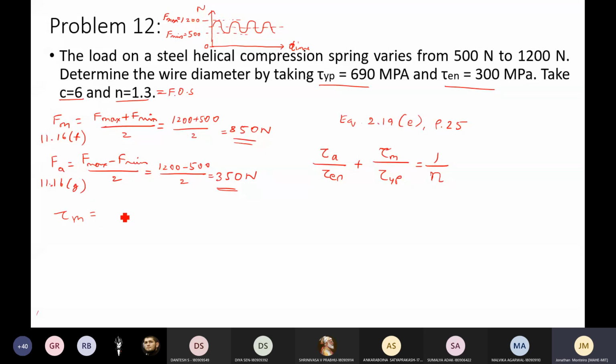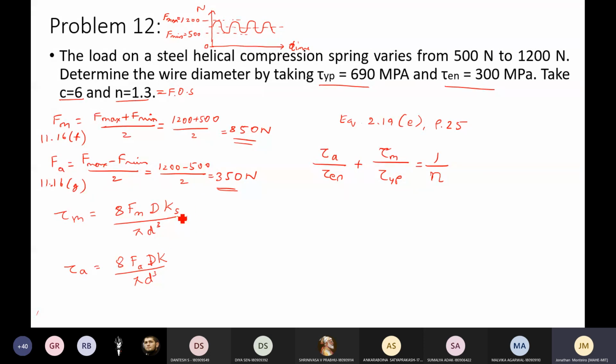Tau m is actually not written straight away here, it is a slightly modified form: 8 Fm d Ks, I'll put, and I'll explain this, divided by pi d cube, and tau a will be 8 Fa d K, in other words our normal use of wall stress correction factor, divided by pi d cube.